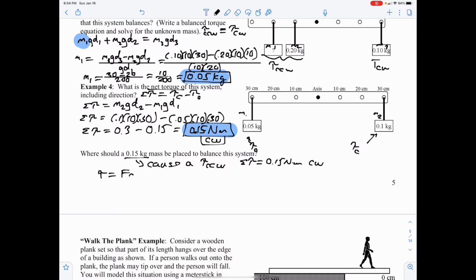Okay, so net torque equals force times distance. That's mass times g times distance, and we're looking for where, so we're solving for distance. Distance is equal to the torque divided by mg. It's going to be the same magnitude because it has to balance. Same magnitude as the other net torque divided by 0.15 times g is 10.